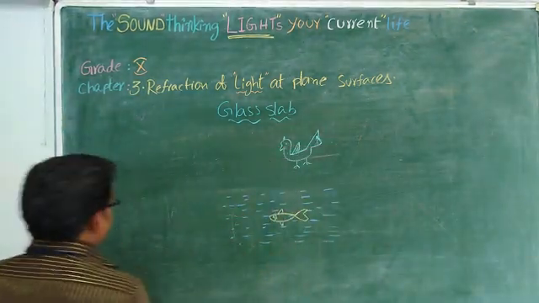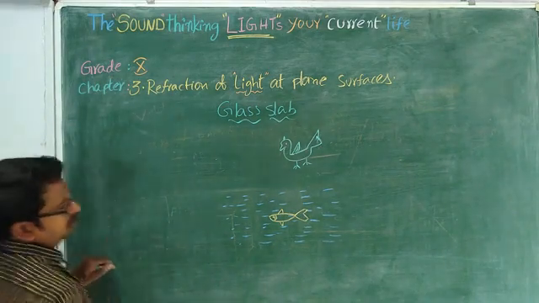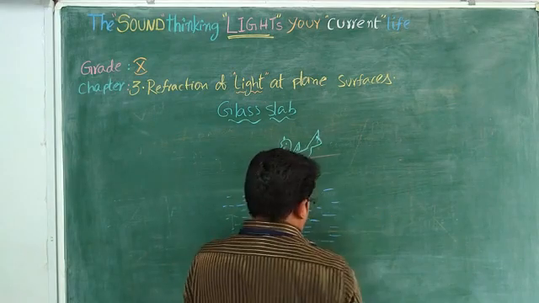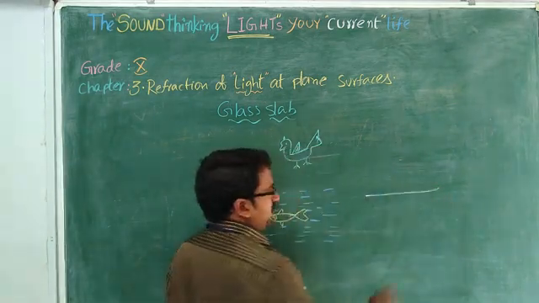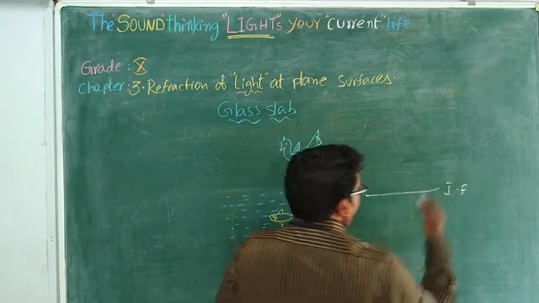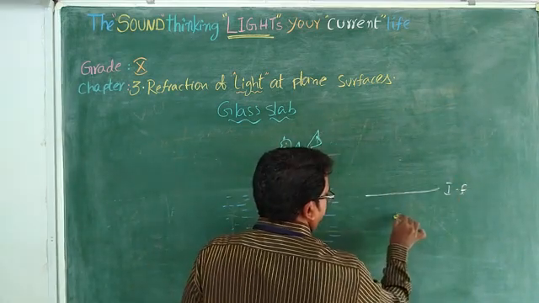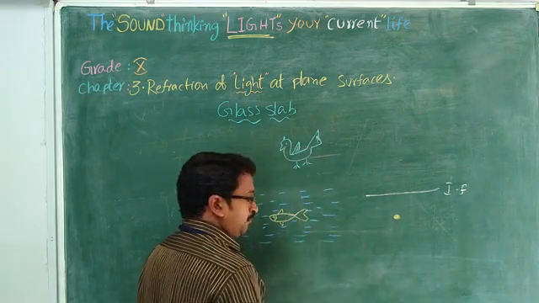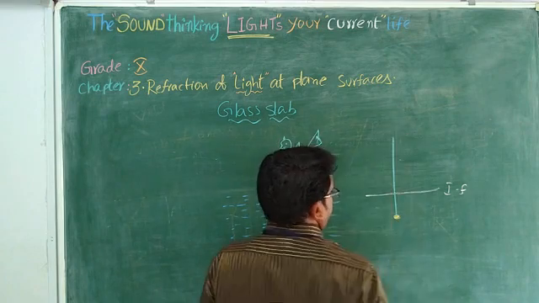For that, I am going to give one more example here, then you can easily analyze this one. It is the interface. And here may be one object, and a perpendicular line.